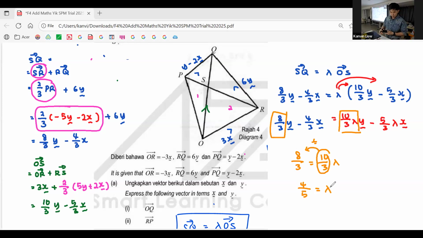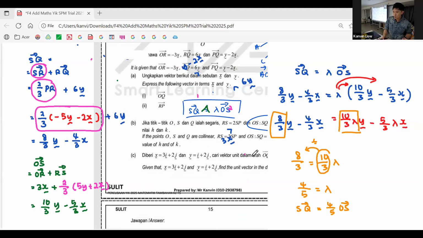So far, you guys okay? So students, meaning to say SQ is equal to 4 over 5 of OS. Now back to the question. The question here is asking you OS to SQ. Can you see that?